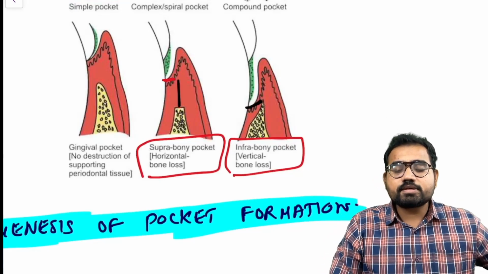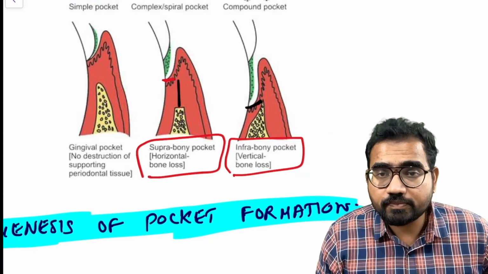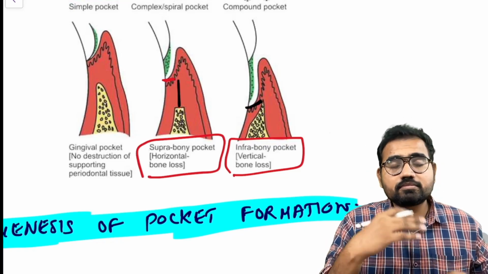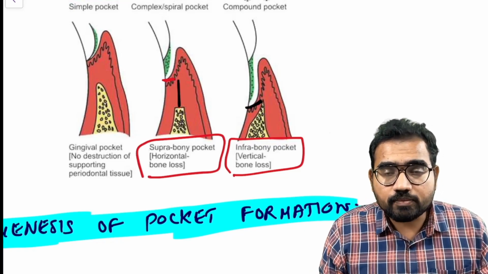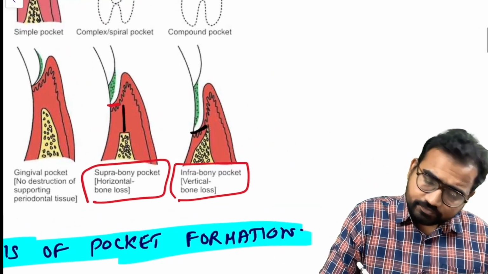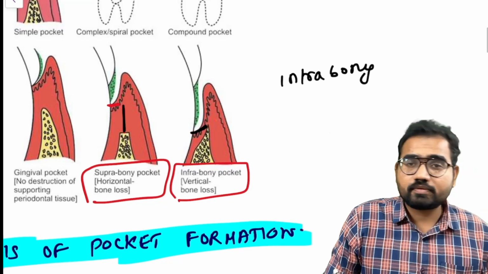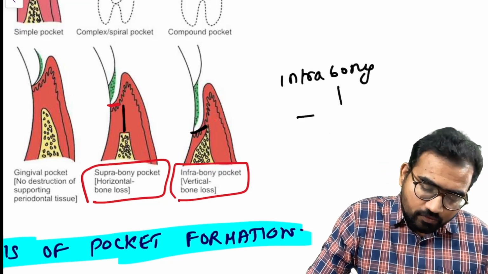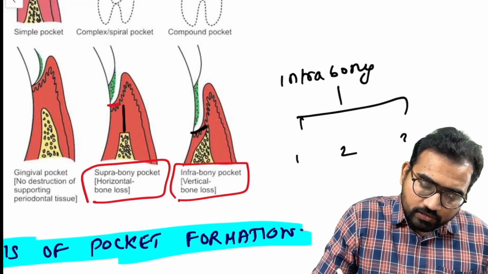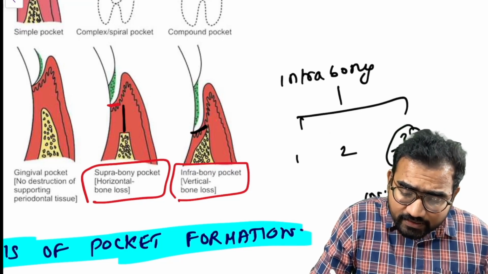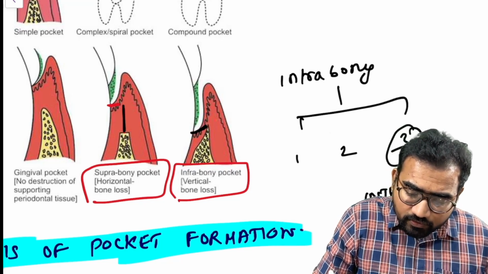In those cases, vertical bone loss will most commonly be infrabony, and horizontal bone loss will be suprabony. Infrabony defects can be one wall, two wall, or three wall defects. A three wall defect is otherwise called an intrabony defect. How to remember?